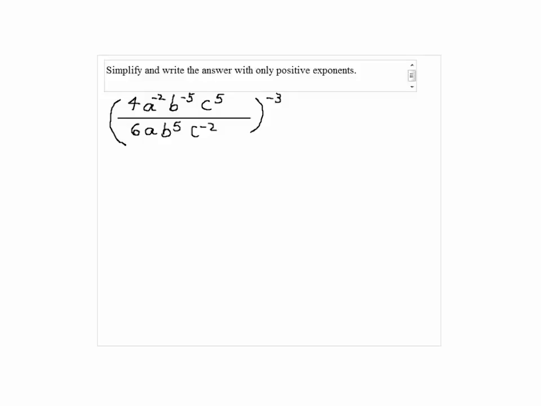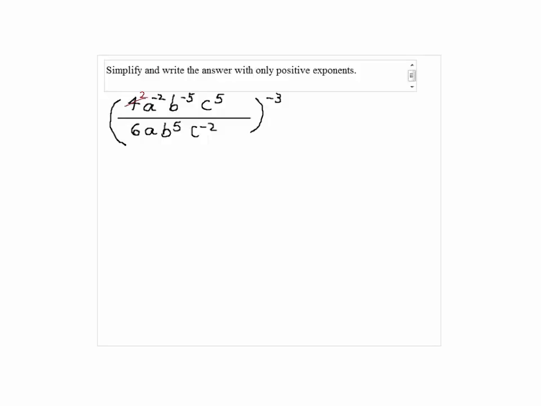At the bottom of the fraction we have 6 a b to the power of 5 c to the power of minus 2, and the whole thing is to the power of minus 3. Well, we can reduce some of these first inside the parentheses.